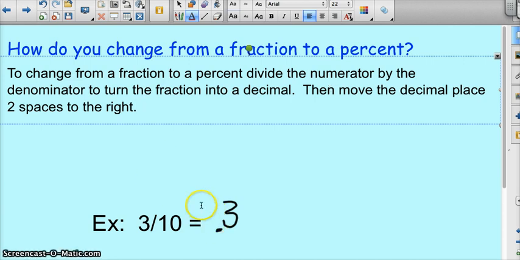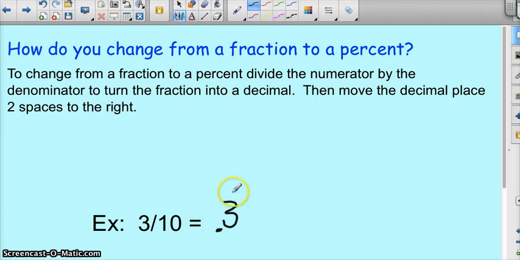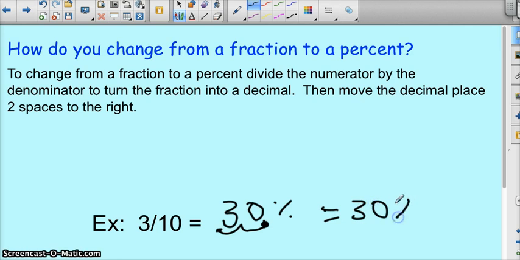If we take this decimal point and move it 2 spaces to the right, anytime there's an open space, we fill it in with a 0. That produces our percent. 3 divided by 10 is 0.3, which is 30%. That's our final answer here, guys. 30%. So it's a real easy move.